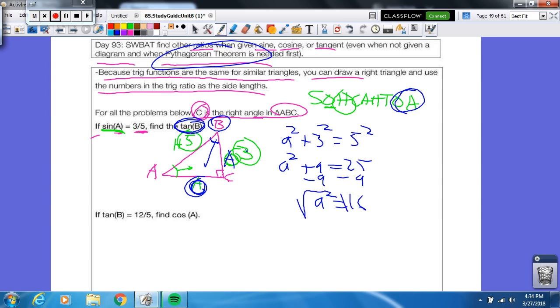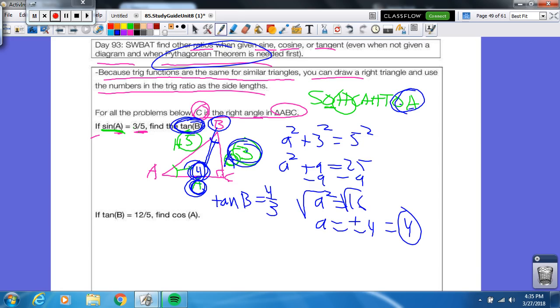Square root both sides, and A equals plus or minus 4, but we're just using the 4 because distance is positive. So we get 4 right there. So tangent of B is the opposite over adjacent, so that would be 4 over 3 is the answer. So the tangent of B is 4 over 3.